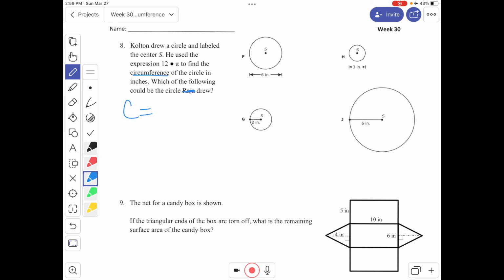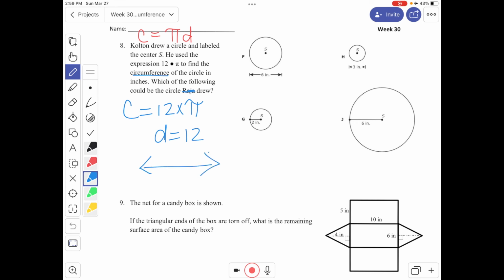So circumference is going to equal 12 times pi. And remember those equations or formulas we just used. Pi times diameter gets the circumference. So the 12 must be the diameter.